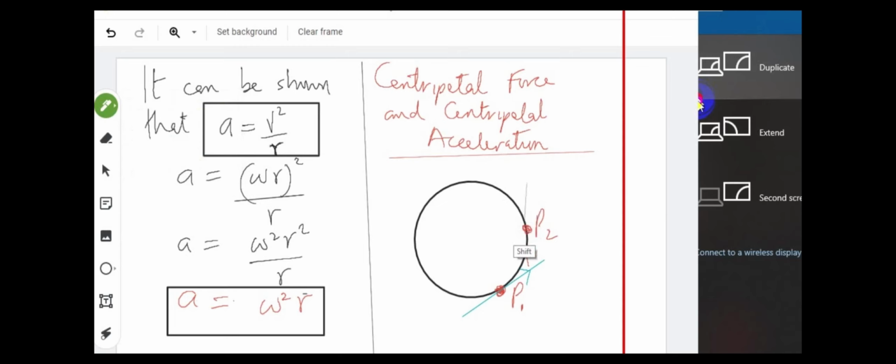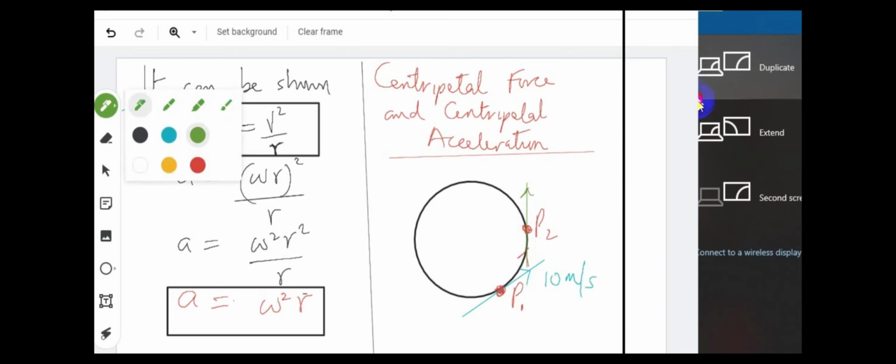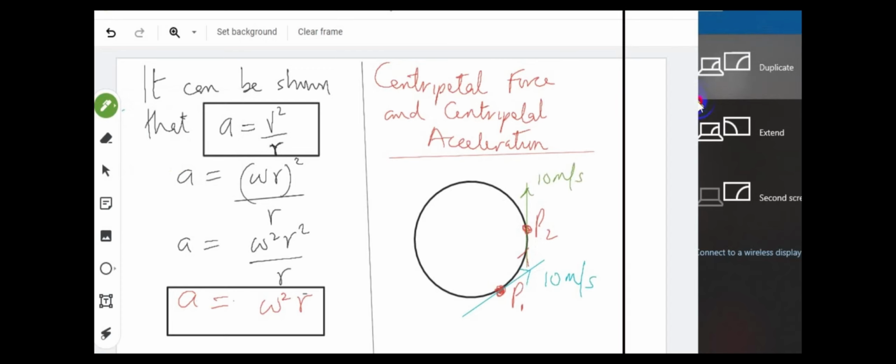Also the speed at this point is this green one. Now assuming it is moving with a speed of 10 meters per second, so at P1 is 10 meters per second, at P2 is also 10 meters per second, same speed. But you can see that direction is changing every time. So even though the speed is constant, the velocity is not constant.